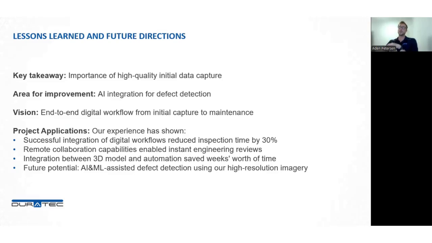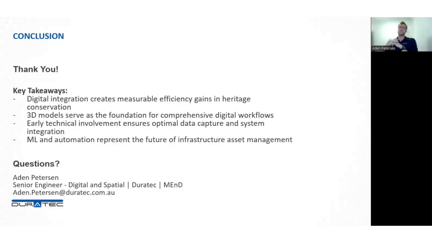So we did get quite a lot of benefit out of it. The integration between our 3D model and automation saved weeks of work. And looking forward, I think AI-assisted defect detection using high-resolution imagery will represent enormous potential. The key is starting this digital journey now, learning from projects like the Carillion and building these capabilities into the future.